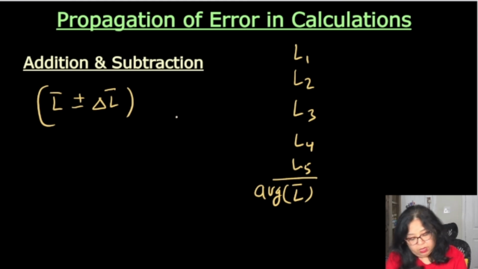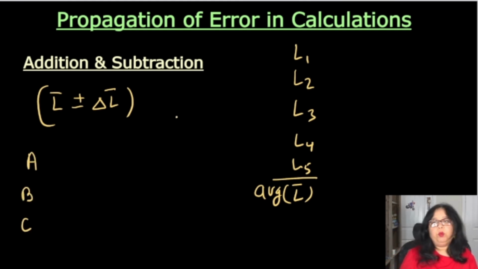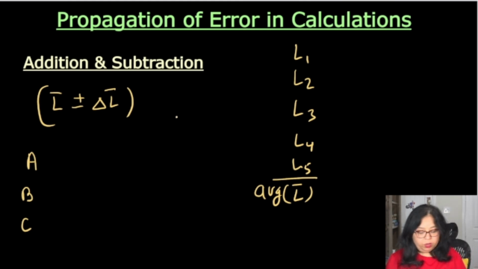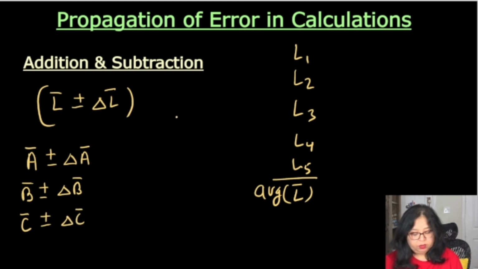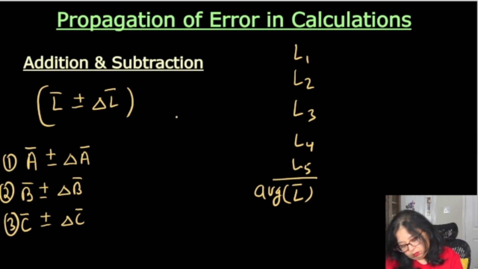For example, let's say I measured 3 quantities, A, B, C. They could be whatever: mass, length, or time. They will be like this: A bar plus minus delta A bar, B bar plus minus delta B bar, C bar plus minus delta C bar.